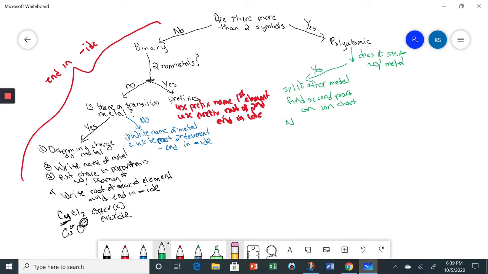You name the metal, and then you write the name of the polyatomic ion. Now you have to be careful, and I forgot to put this in here: if the metal is transition, you need to determine its charge, just like we did for binary.